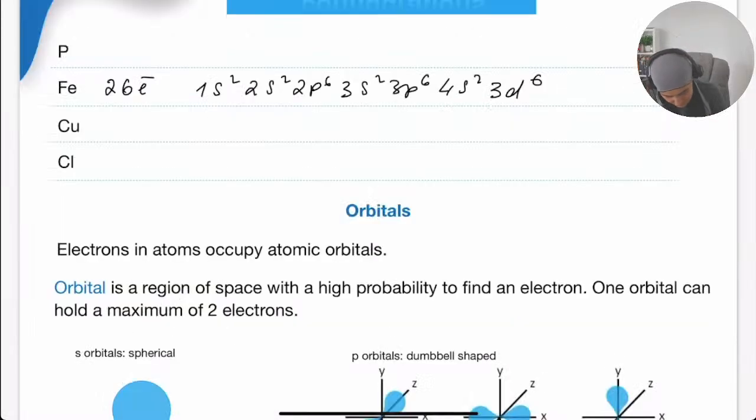So I would substitute the first 18 electrons, which are these guys. That's 10, 18. So that's argon, 4s2, 3d6. Okay, that's the condensed configuration.